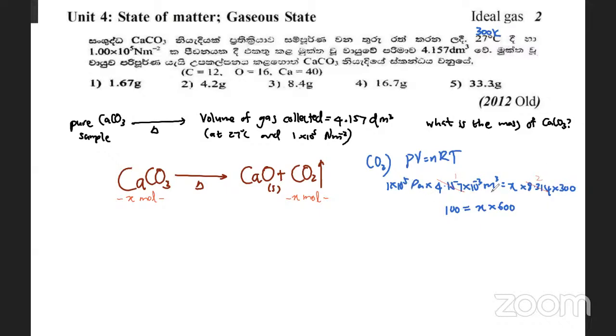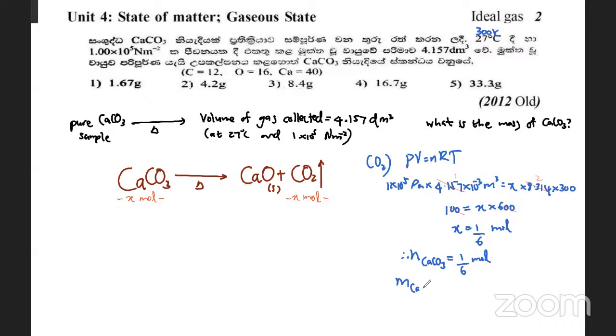So you can simplify these two zeros, gone, gone. Therefore, I am getting x equals 1 over 6 moles. So number of moles of calcium carbonate, that is x, equals 1 over 6 moles.